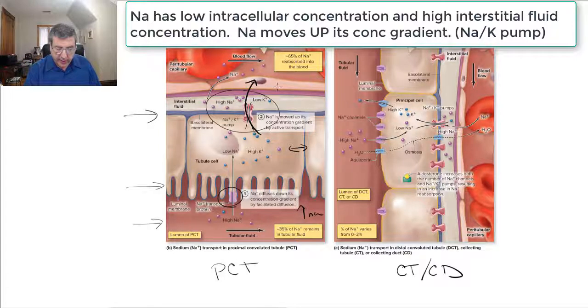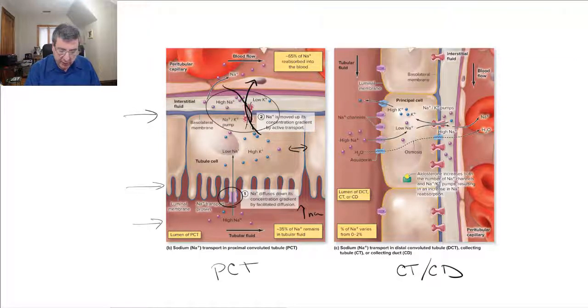At the same time, potassium is going to come into the cell. Now, why do we do this? The reason we have a sodium-potassium pump is to keep the intracellular sodium ion level low. And that's going to tie directly into water reabsorption.